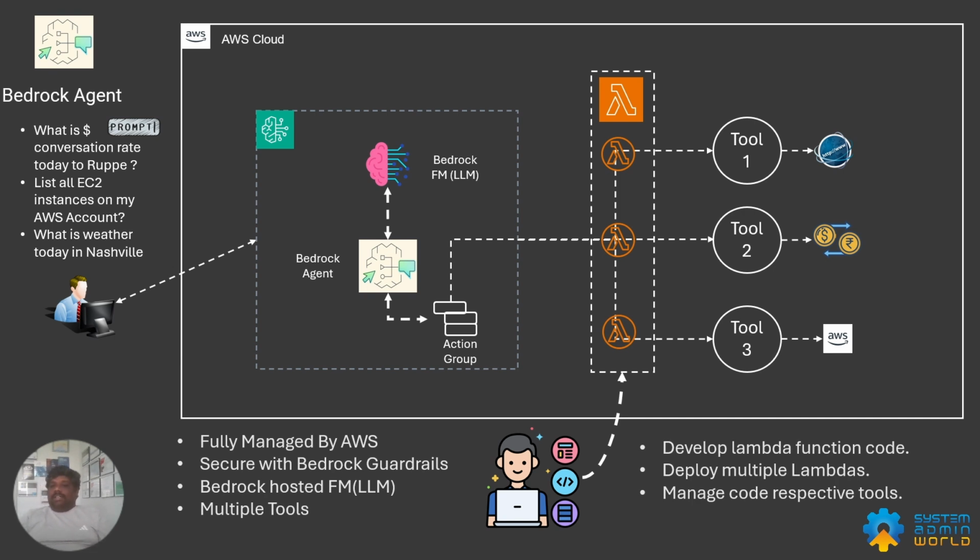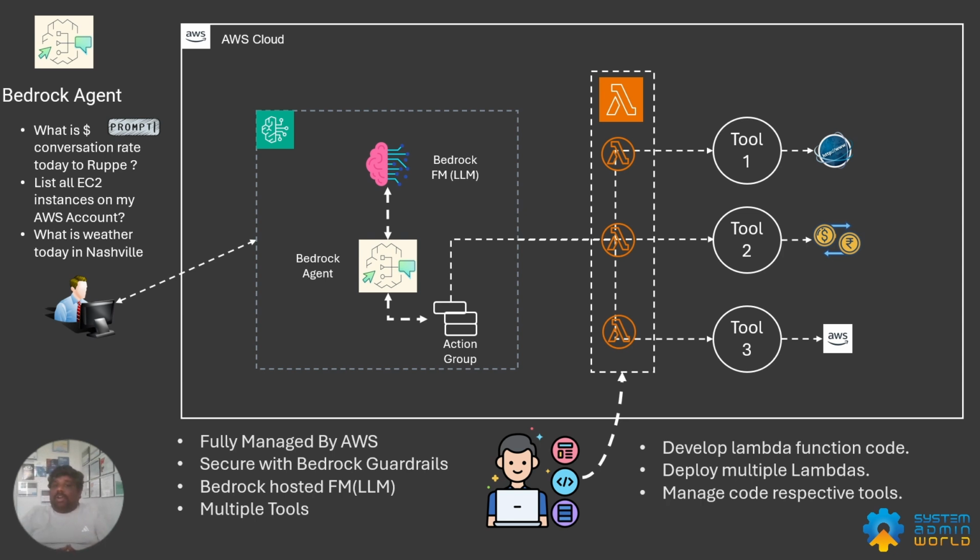On the left-hand side of the design, you see the user writes prompts like: what is the conversion rate today to rupees, list all EC2 instances on the AWS account, and what is the weather today in Nashville. These queries are sent directly to the Bedrock agent, which passes them to a foundation model, or the LLM, hosted on Bedrock.